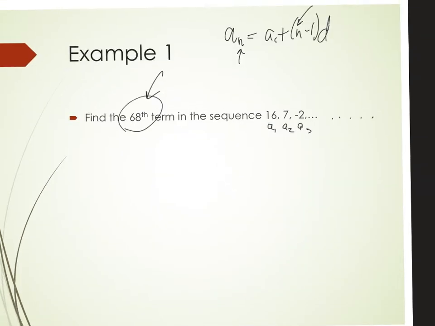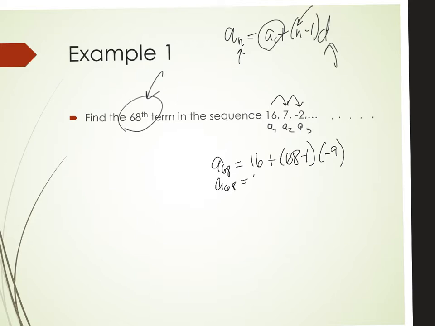So I'm going to have a sub 68 equals, this is the first term, so that's 16, plus 68 minus 1 times d. Now, you already know how to find the difference. It's just the pattern, and in this case, the pattern is subtracting 9. So now we just have some math to do. a sub 68 is going to equal 16 plus 67 times negative 9.